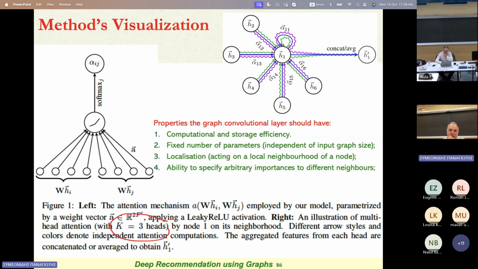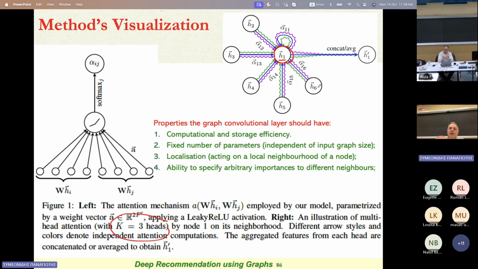And here, as you can see, what is multi-head? So what you want is to express the features of this node H with the features of the adjacent nodes. So you have H2, H3, H4, H5, H6.